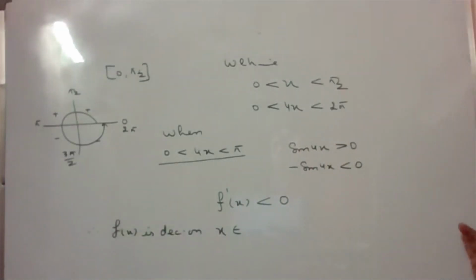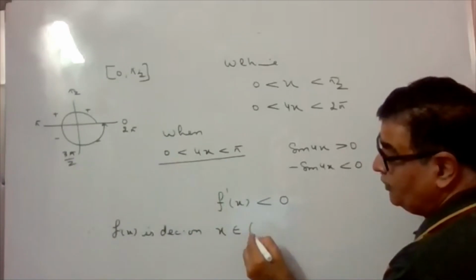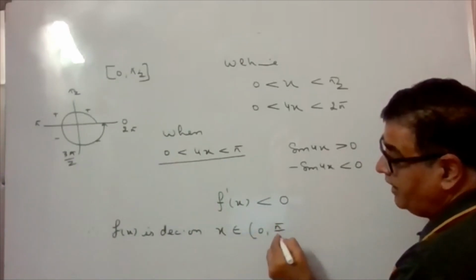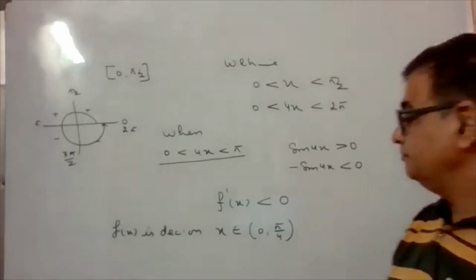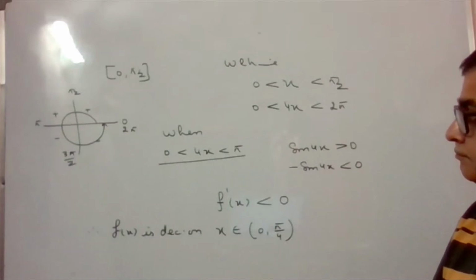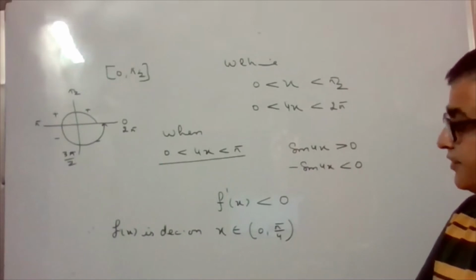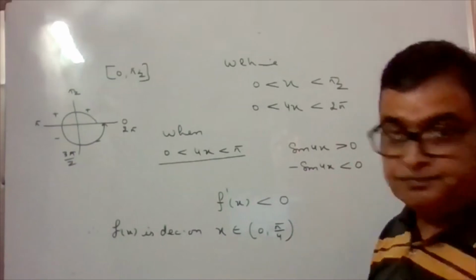To get x, what should you do? Divide it by 4 again. When you divide it by 4, it comes out to be 0 to pi by 4. So on 0 to pi by 4, this function is decreasing.